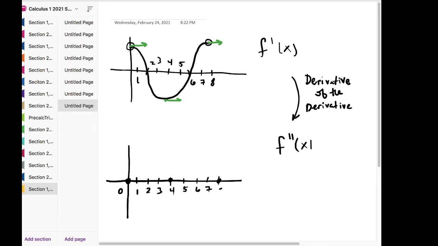Okay, so in between the first and second 0, are the tangent lines positive or negative? So in this region here, is the derivative positive or negative?